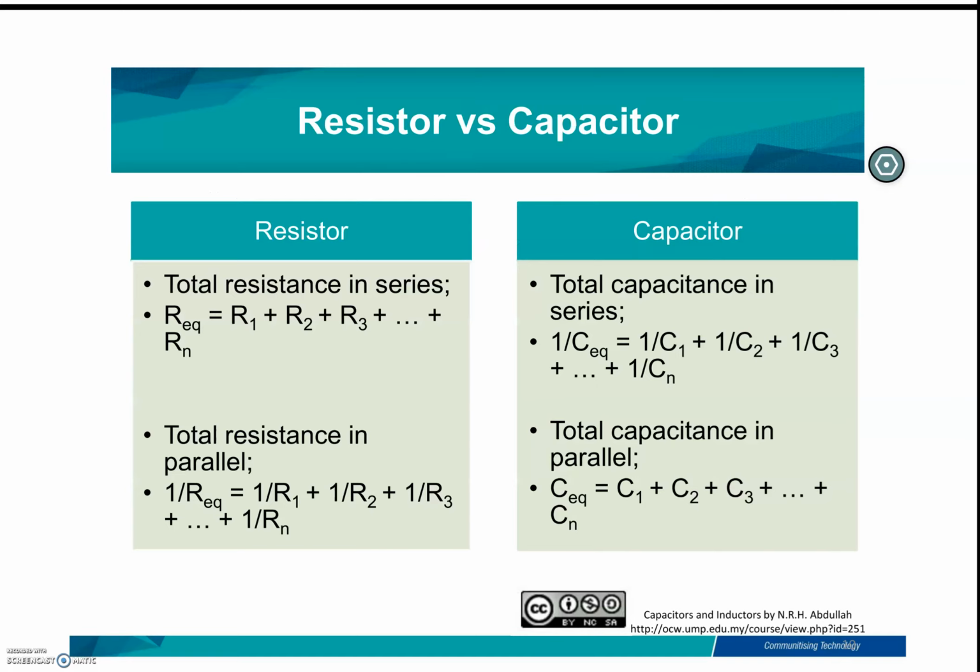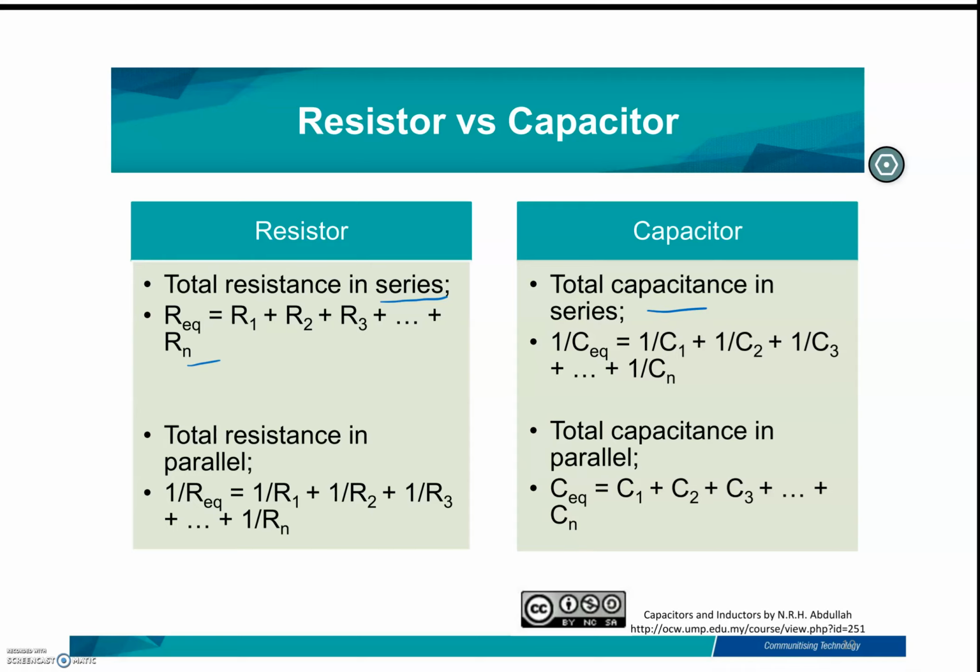When you compare resistor versus capacitor, for the total resistance in series you add R1 plus R2 plus R3 and so on. But for capacitors in series, you have to do 1 over C equivalent.